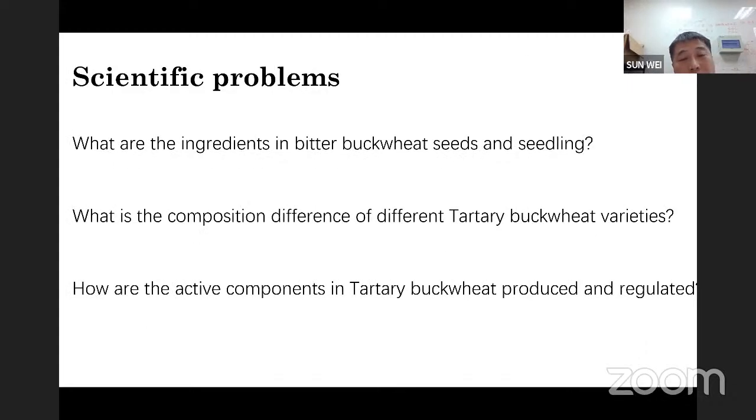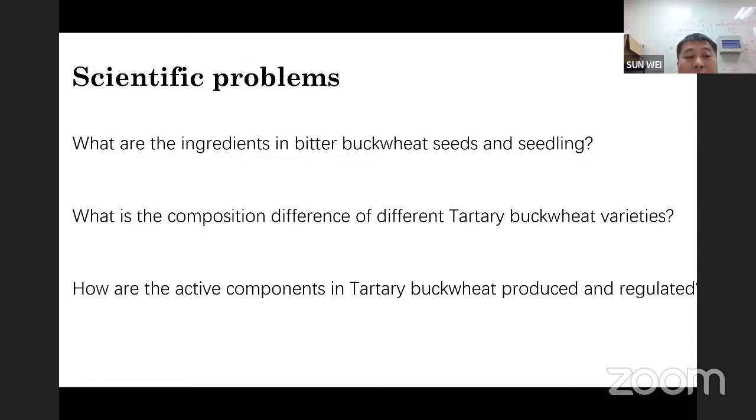So we want to answer some questions. We use different strategies to answer three scientific questions. Number one: what are the ingredients in the bitter buckwheat seeds and seedlings? Number two: what is the composition difference of the different Tartary buckwheat varieties?